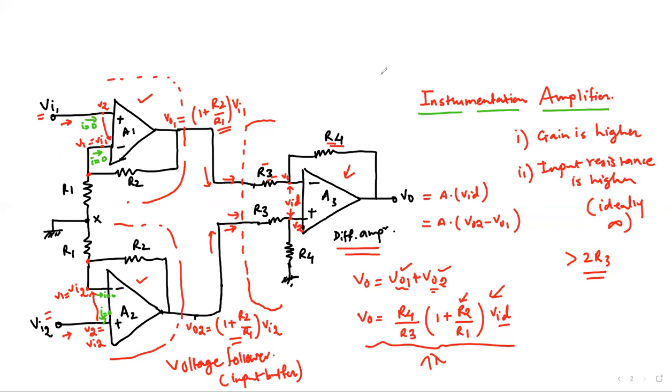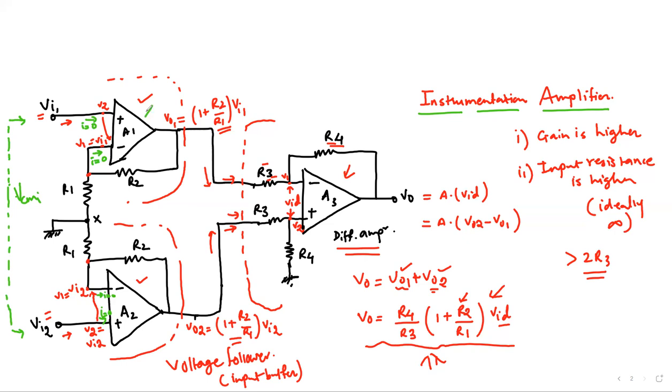So this is how the principle of the instrumentation amplifier works. But are there any drawbacks for this circuitry? Yes, certainly. What happens when we apply a common mode signal? For instance, let's say we have a signal that is common to both the inputs, VCMI, the common mode input signal.